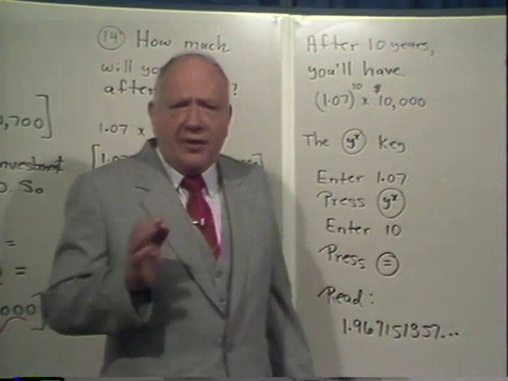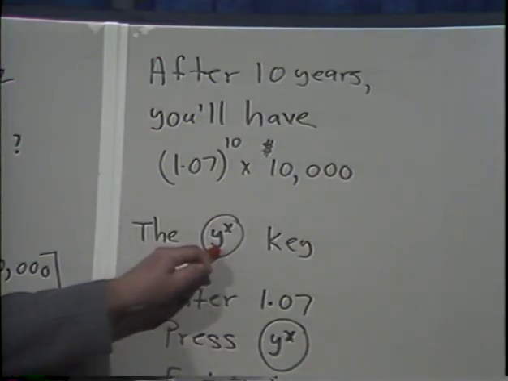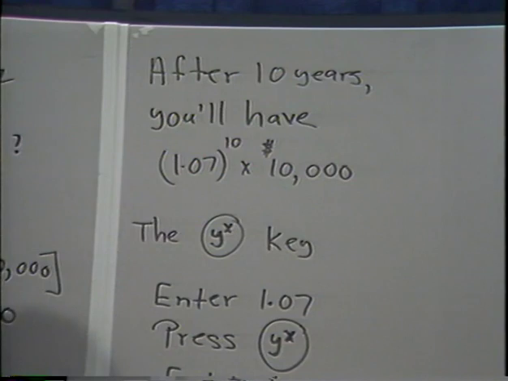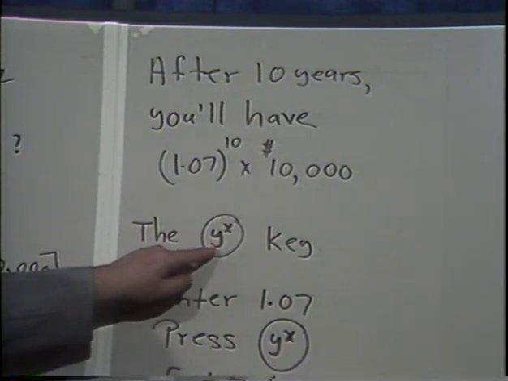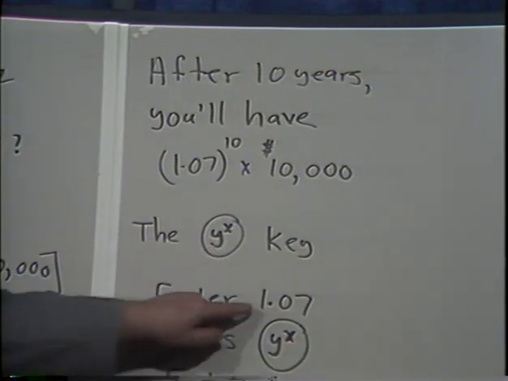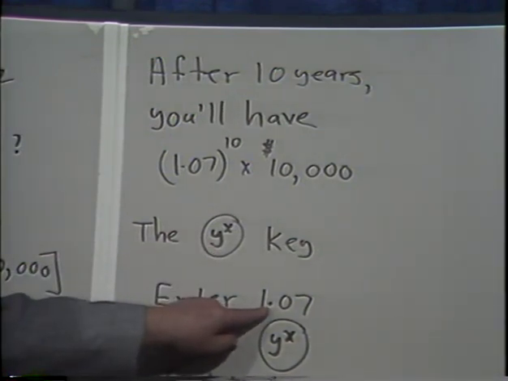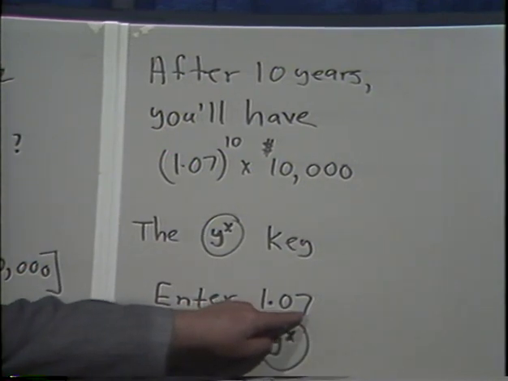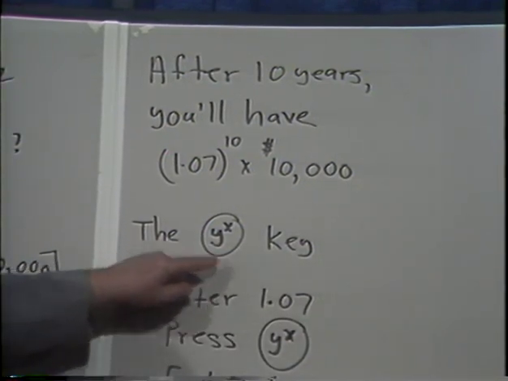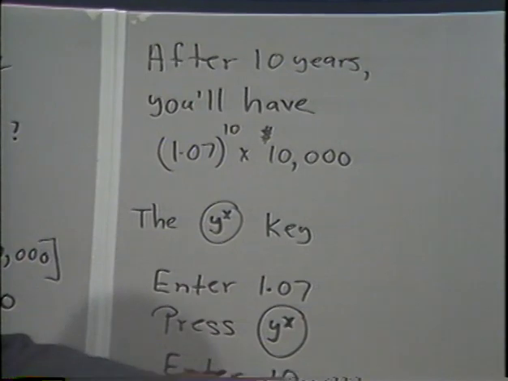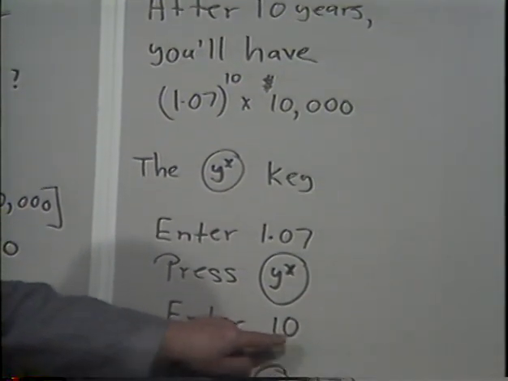If you've got a calculator that has what's called a y to the x key on it, it's a beautiful investment if you're going to be dealing with compound interest problems. Because all you do with that kind of calculator is you start off by entering what's going to be raised to the power. You enter the 1.07. Then you press the y to the x key. Then you press the exponent, the 10.